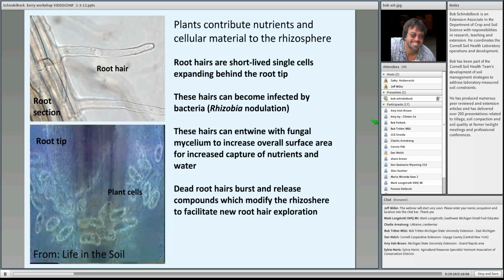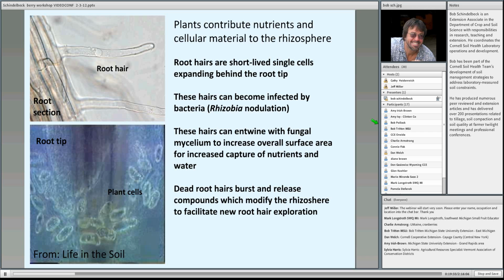Of course, these root hairs are what get infected by rhizobia bacteria and nitrogen fixation in a lot of the legumes. Also, these root hairs entwine with fungal mycelium, which is very important for increased capture and, again, increased surface area for capture of nutrients and water.